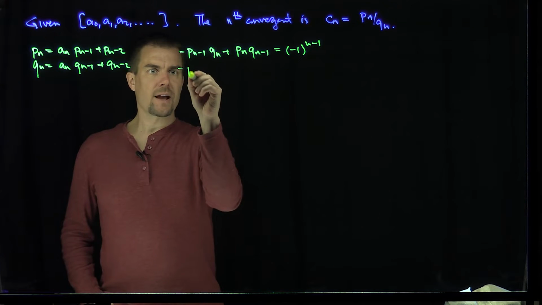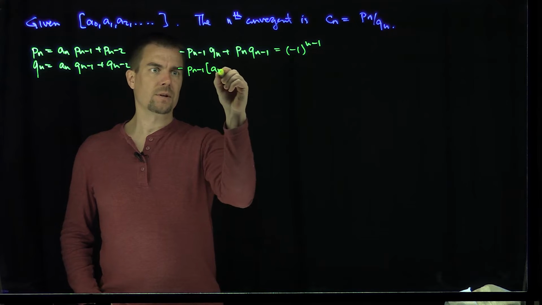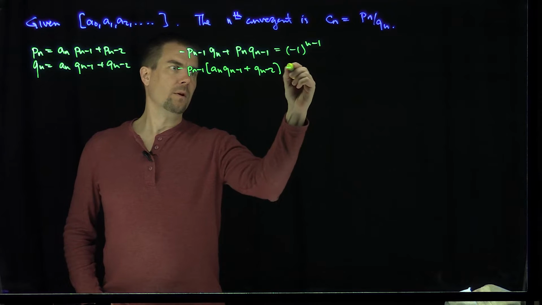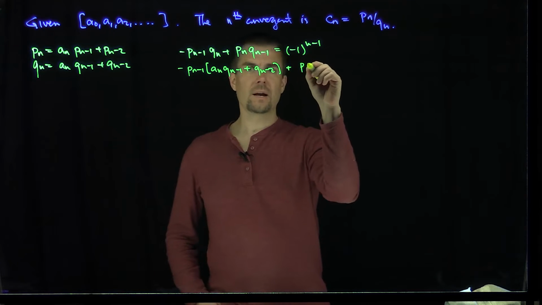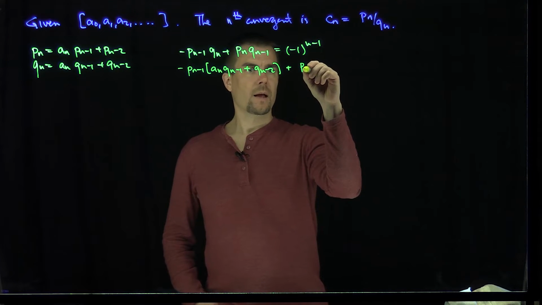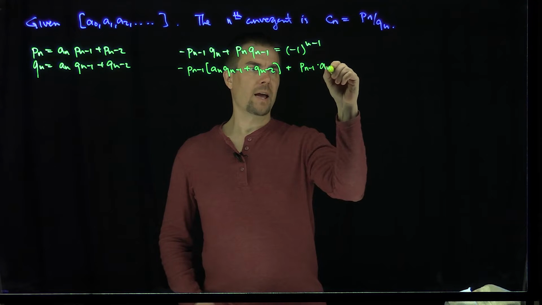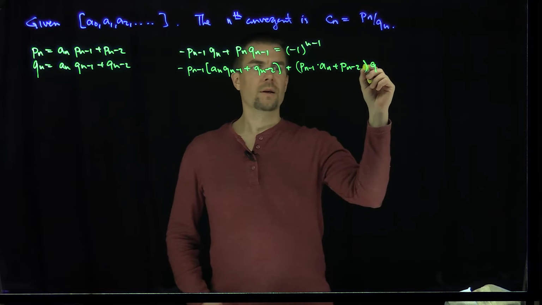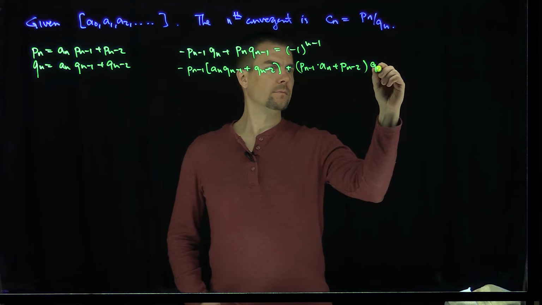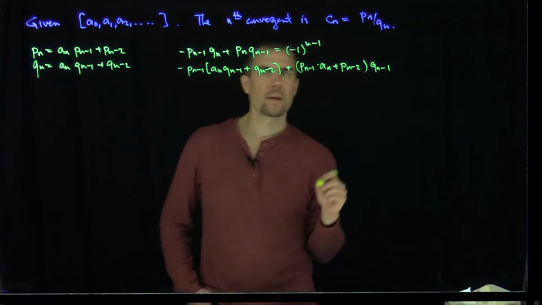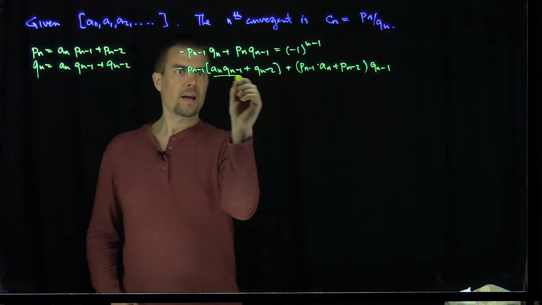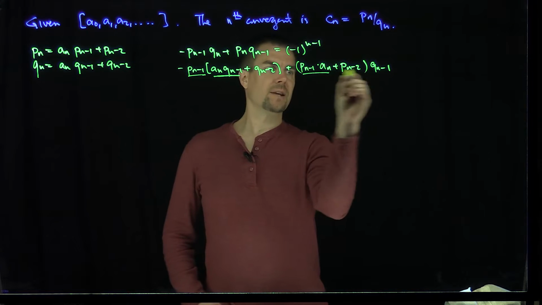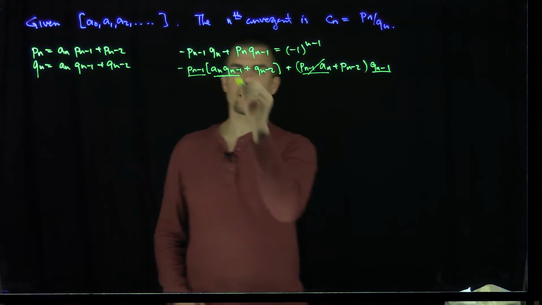Well, if I write this, this is going to be negative Pn minus 1 times the quantity an Qn minus 1 plus Qn minus 2, plus Pn minus 1 times an plus Pn minus 2 times Qn minus 1. And now let's look over here. I have an Qn minus 1 times Pn minus 1 with a negative sign, and I have the same exact thing with a positive sign, so those will cancel out.